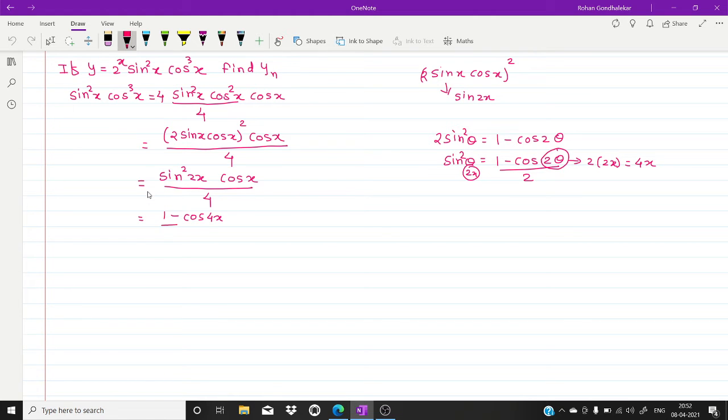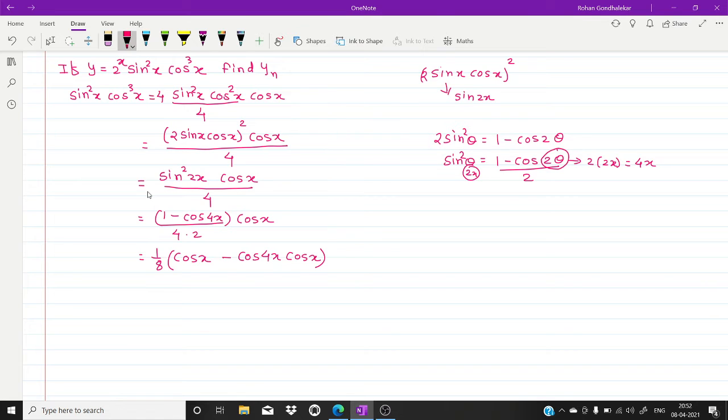But already the 4 is present there. So 4 into 2 into cos x. So this is 1 by 8 into (cos x minus cos 4x). Sorry, I just forgot the term. I am multiplying the bracket by cos x, so I'll get here cos 4x into cos x.